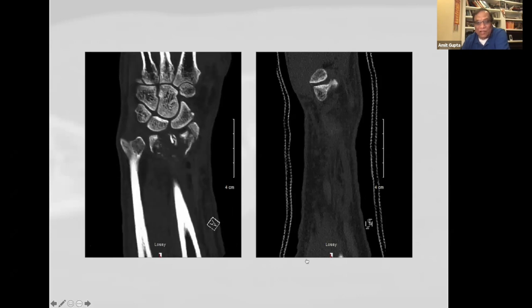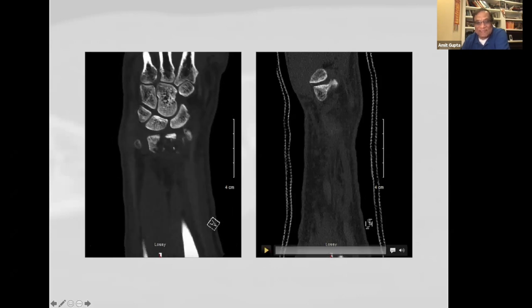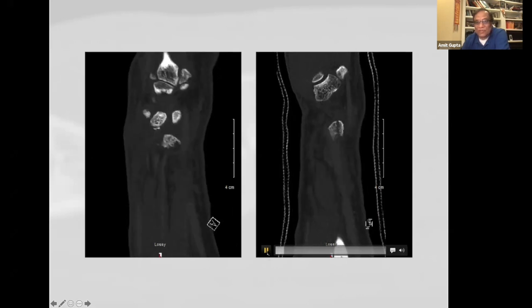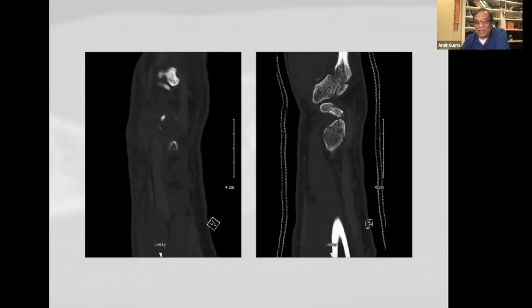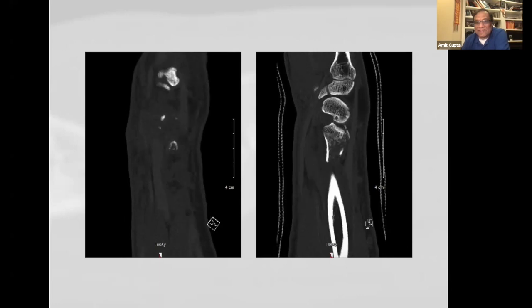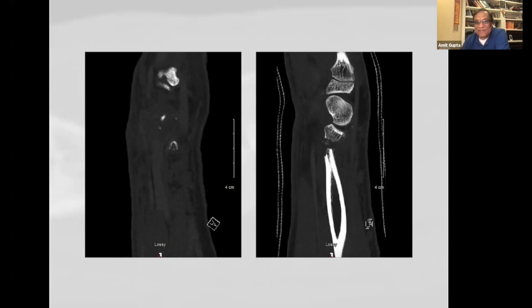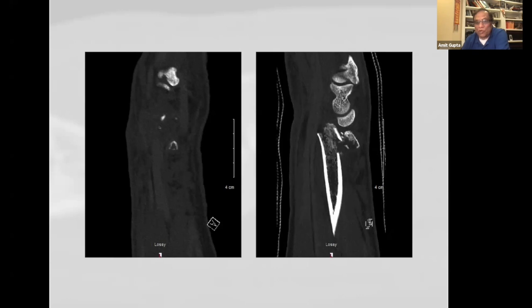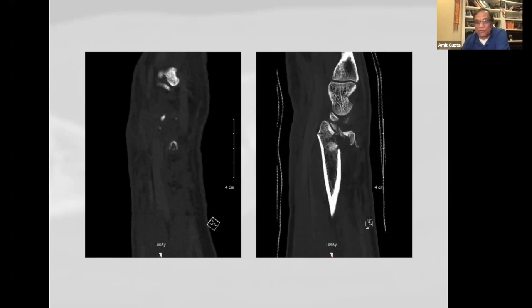And the radial styloid is also split. And on the other view, as I was saying, the volar fragment is small, but the dorsal fragments are very comminuted.